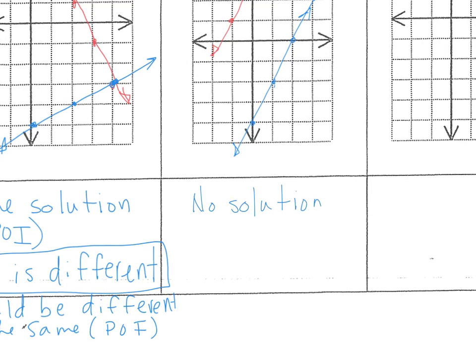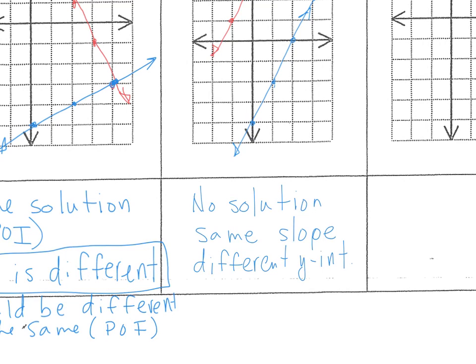Now here it's important because the slopes are the same, but you also have to have different y-intercepts. Okay?